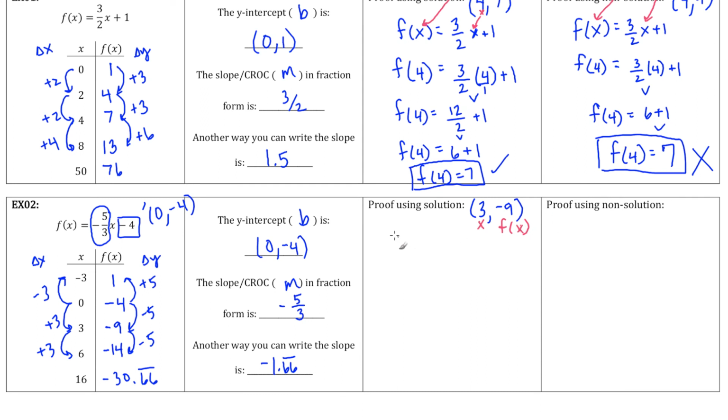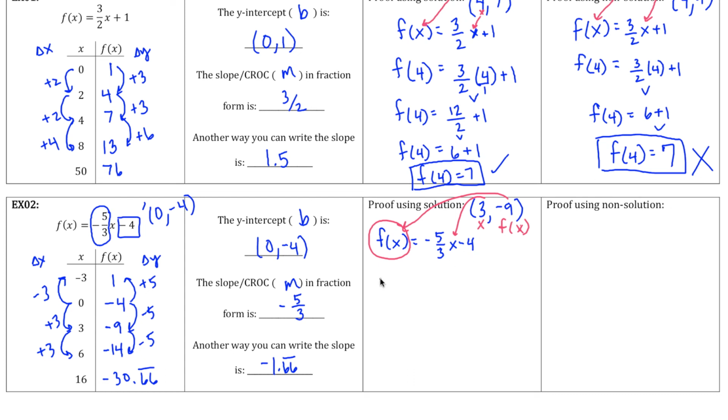And so we have f of x equals negative 5 over 3x minus 4. This will replace the x, this will replace the entire thing.